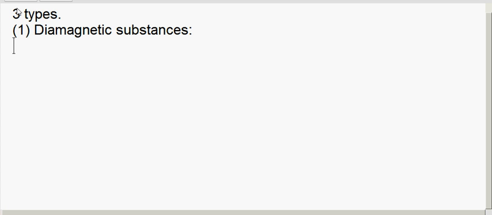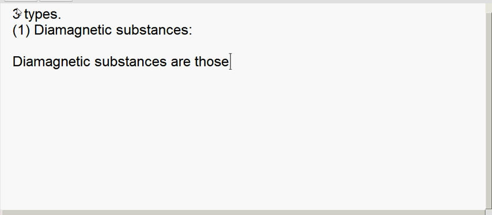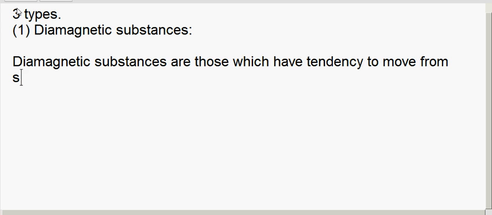So I'll write here, these diamagnetic substances are those which have a tendency to move from the stronger to the weaker part of the external magnetic field.